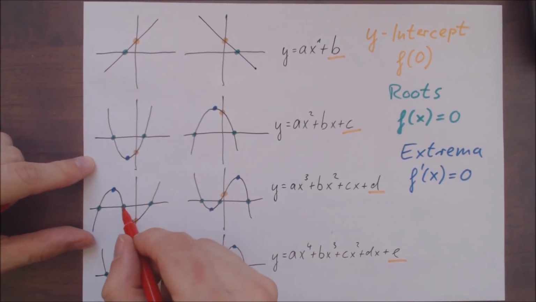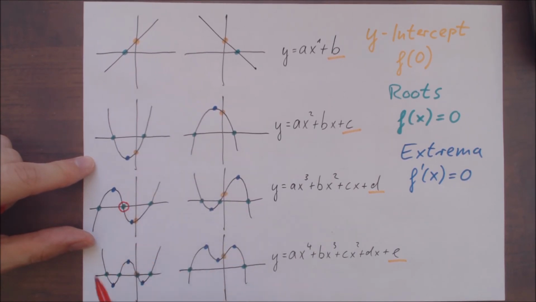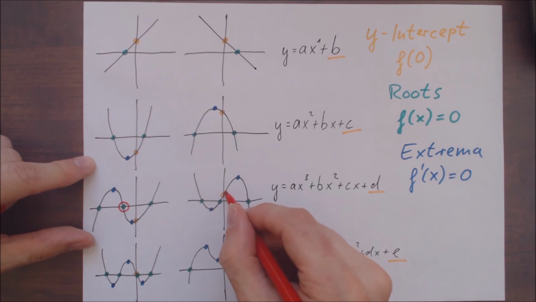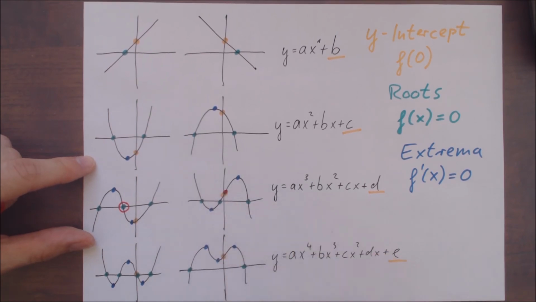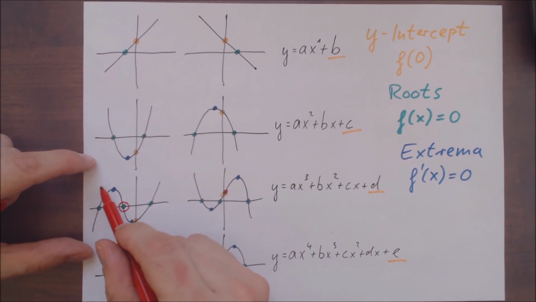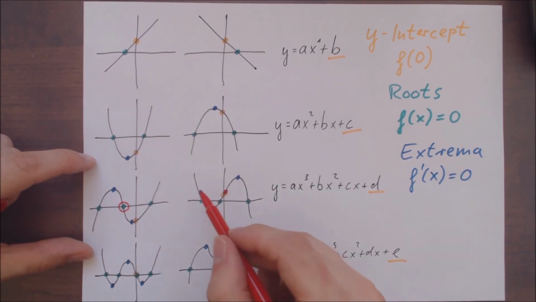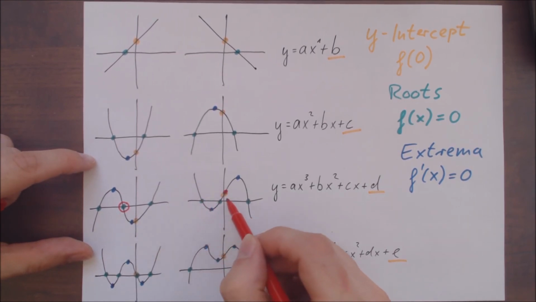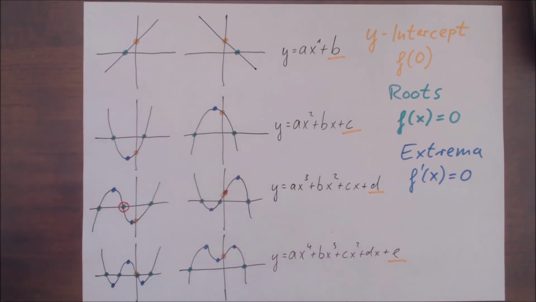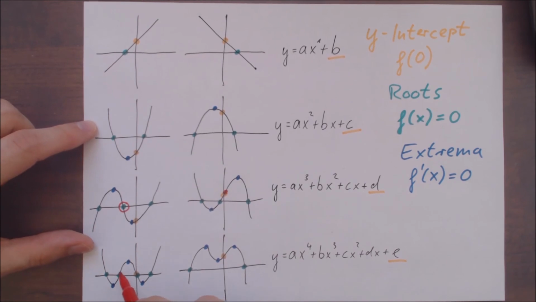Now this inflection point, randomly, in this case, is roughly equal to the root. And here, it's roughly here. This inflection point separates this right-hand bend from this left-hand bend, and here vice versa, left-hand bend from right-hand bend. And the polynomial of fourth degree has two inflection points, here and here, or here and here.